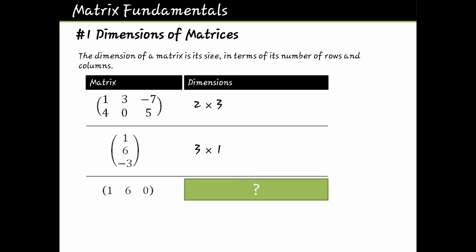You can see here we have 1, 2, and 3 rows, and the column is only 1. The same thing applies here: it will be 1 by 3, meaning we have 1 row and 3 columns.